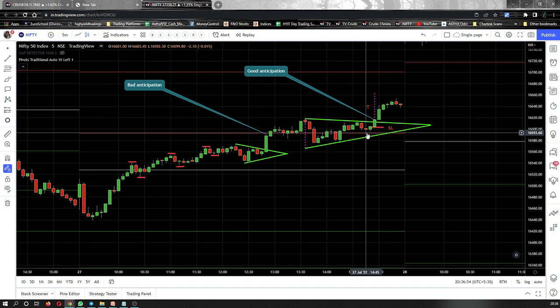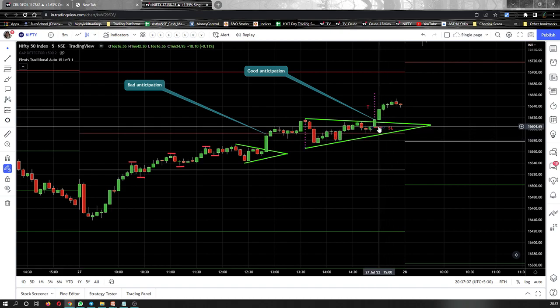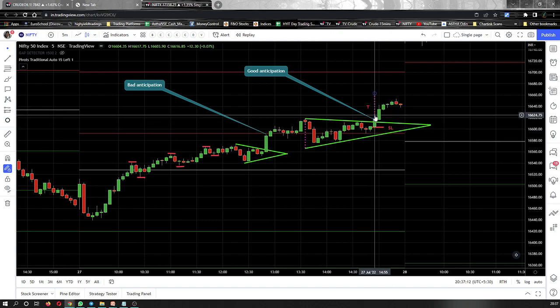This red candle, the 245 candle that you see here, is the recent swing low. So you put your stop loss just below the previous recent swing low. So either you place your stop loss here somewhere, or you place the stop loss below the candlestick here, which actually breaches the upper trend line. I hope you're clear on the entry and the stop loss.